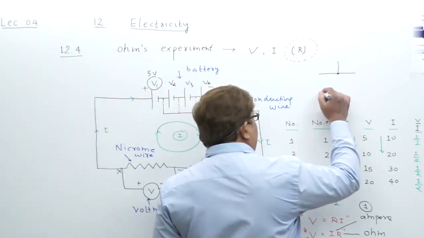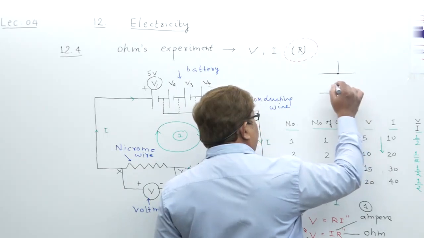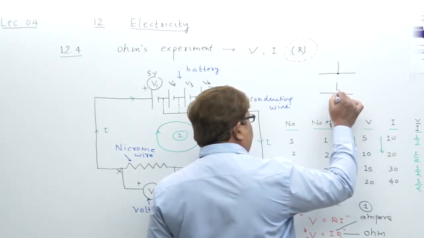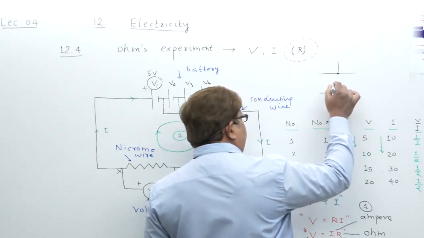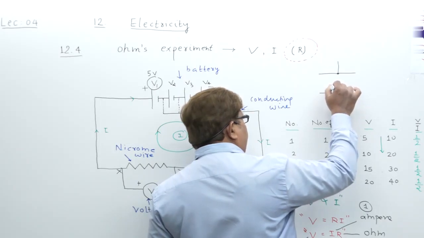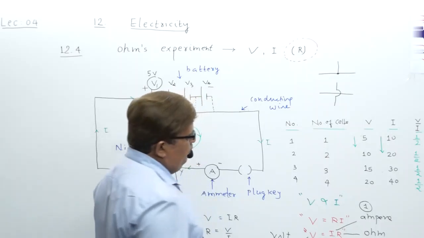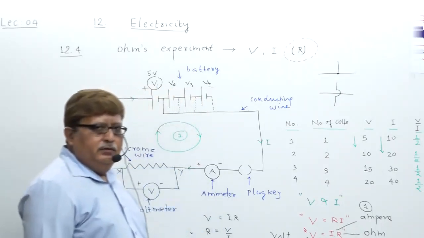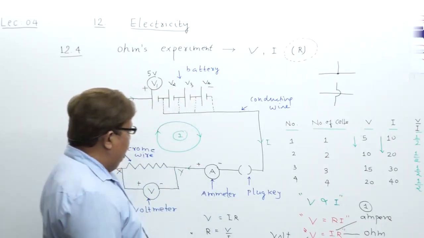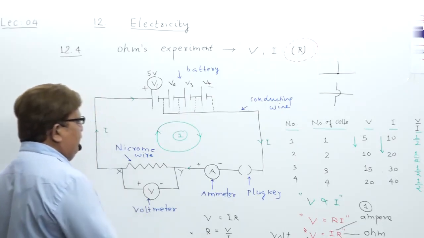Sometimes a cross joint can also be shown this way. This means that this wire is over this wire. It is not a junction point.